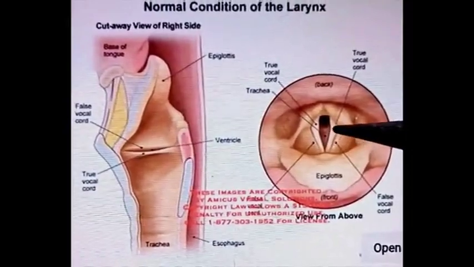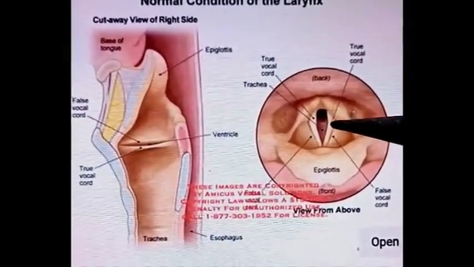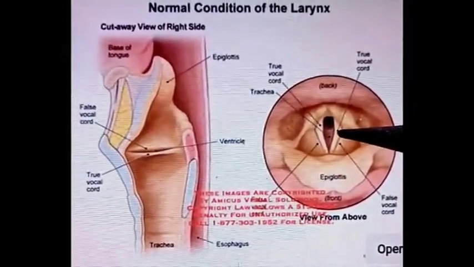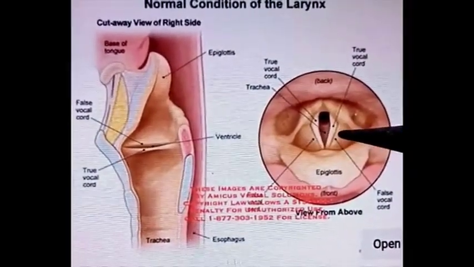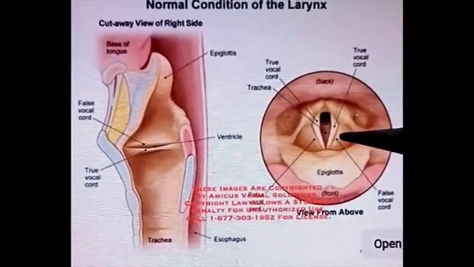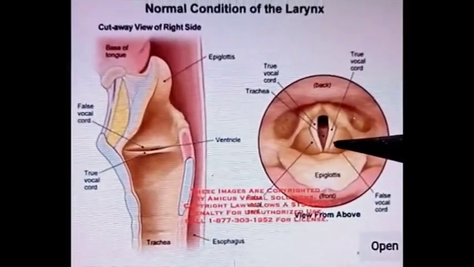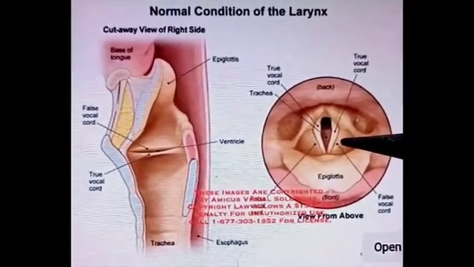The vocal folds, or vocal cords, are known as true vocal cords because these are the structures concerned with the production of voice. The vestibular folds are also known as false vocal cords because these are not concerned with the process of voice production.